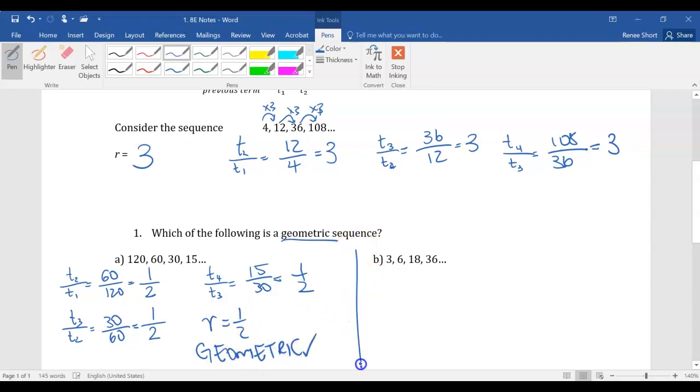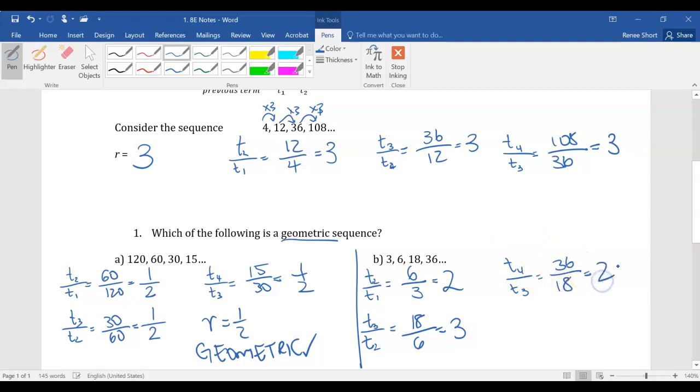If we look over at B here, we can check this again. So if we do T2 over T1, that's 6 over 3, and that becomes 2 for us. If we look at the next pair, T3 over T2, that's 18 over 6. That actually becomes 3. And if we check the last one, just to be sure, we get 36 over 18, and that simplifies to be 2.